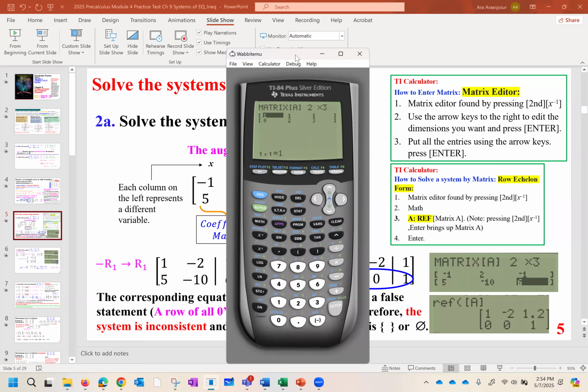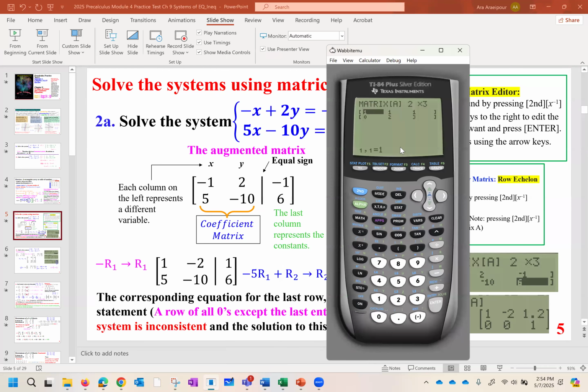And the first entry, let me go back. We are looking at -1 as the first entry. Then the second one is 2, enter, -1, enter, 5, enter, -10, enter, and 6, enter.